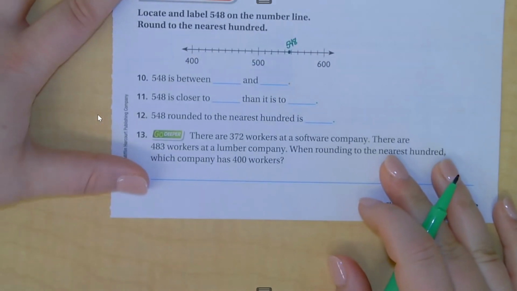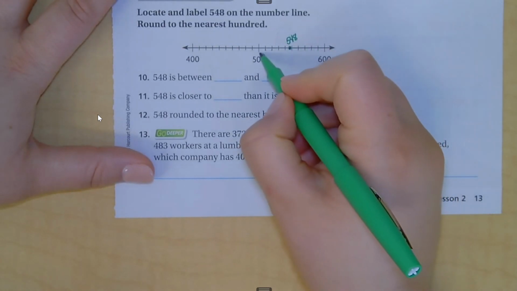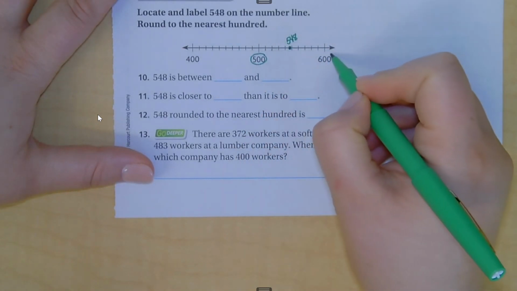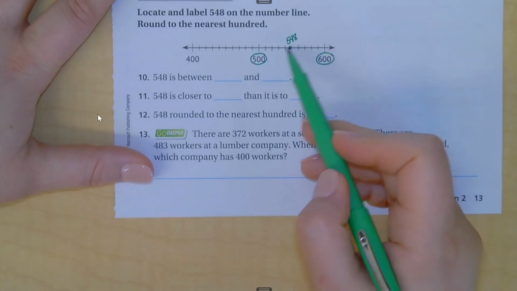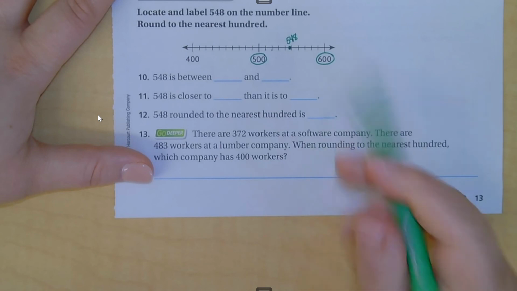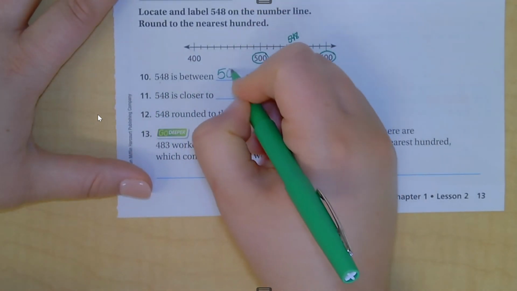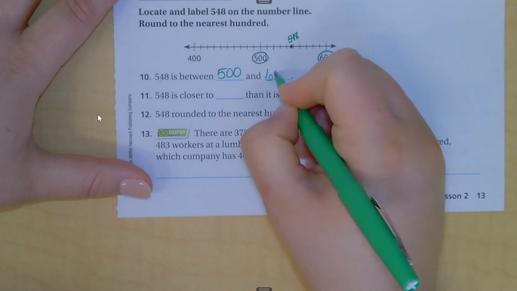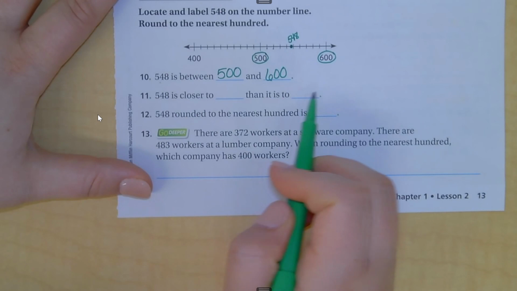Okay. So now this shows me that 548 is between 500 and 600. This one is much harder to see just by looking at it to figure out its place value. 548 is between 500 and 600. 548 is closer to blank than it is to blank.